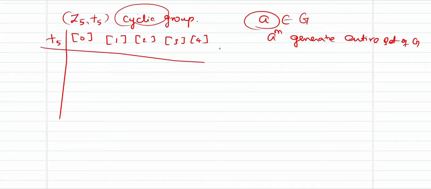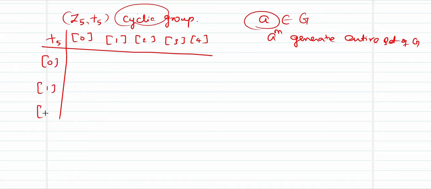Now this is addition modulo 5, and we know that it is finite in nature. Finite sets can be shown to be a group using Cayley's table. So let me go with Cayley's table.